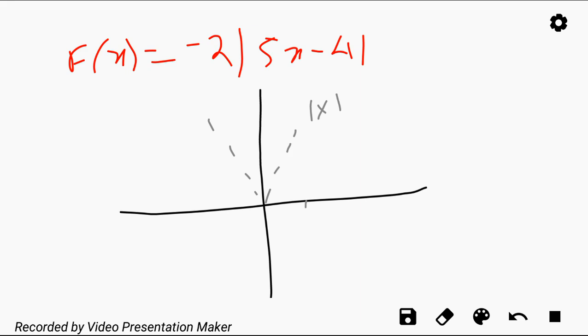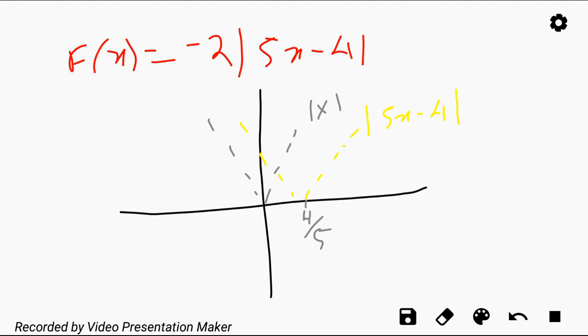This is going to be 4 over 5, so your graph will shift to 4 over 5 there. It's going to come like this. So this is modulus of 5x minus 4, and after that you're going to have a 2. Now you're supposed to know how this 2 affects your overall graph.